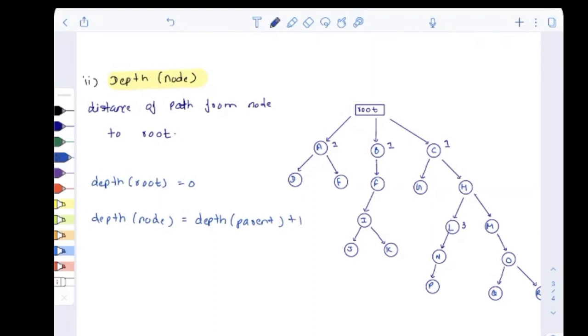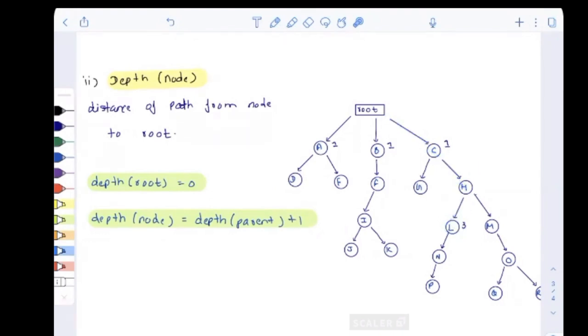Think about it. Correct? So these are the two important points that we can conclude. What is the depth of L? I can simply say, can you give me L's parent depth? So depth of H is going to be 2 guys, and to that if you add a 1 you will get the depth of L.